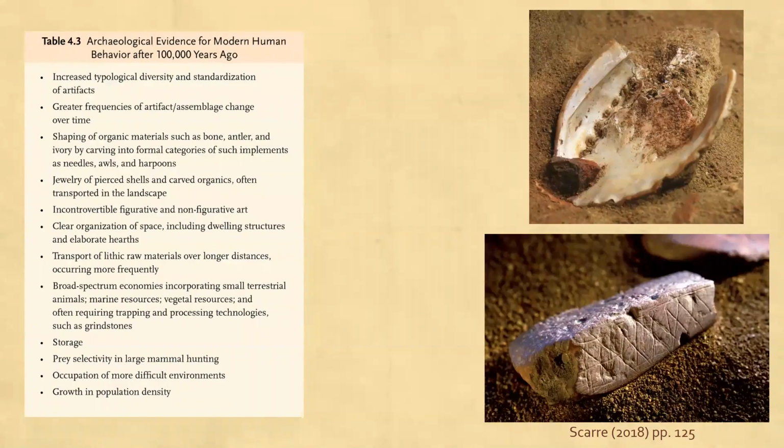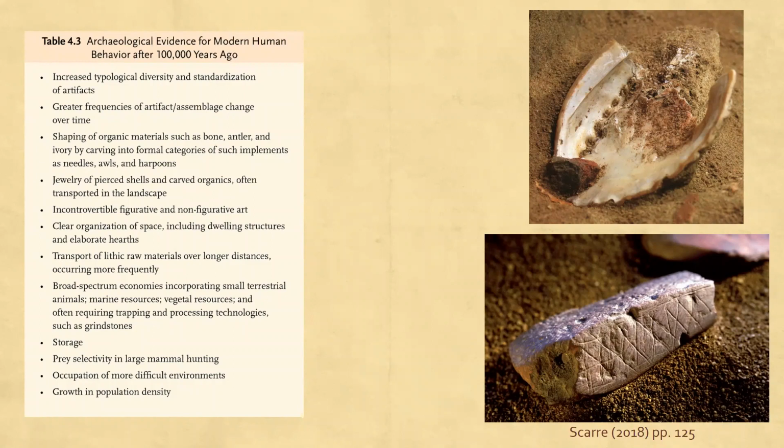The archaeological evidence for fully modern human behavior begins after 100,000 years ago, that genetic bottleneck in our population. This includes an increased typological diversity and standardization of artifacts. We see greater frequencies of artifact assemblages that change over time.